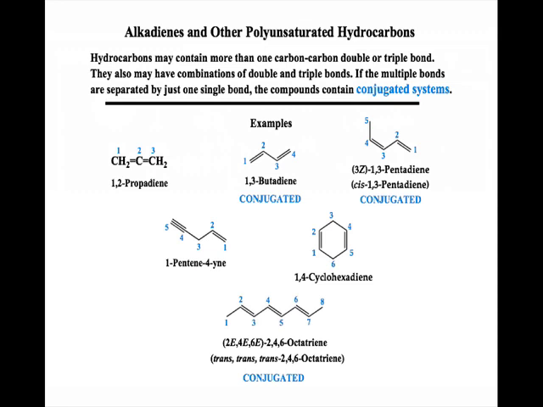But if you think about it, carbons 1 and 2 have a pi bond, and let's say it's in this plane. So this is carbon 1, this is carbon 2, and the pi bond's in this plane. Where would the pi bond between carbons 2 and 3 be? Which plane? What angle to that? Perpendicular, 90 degrees.